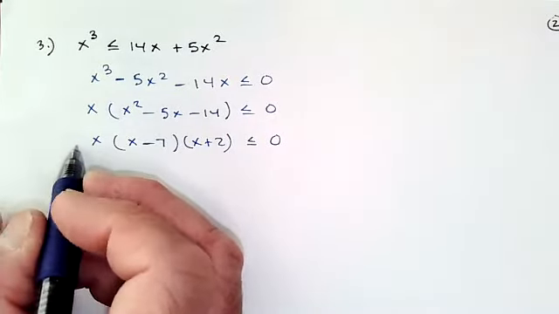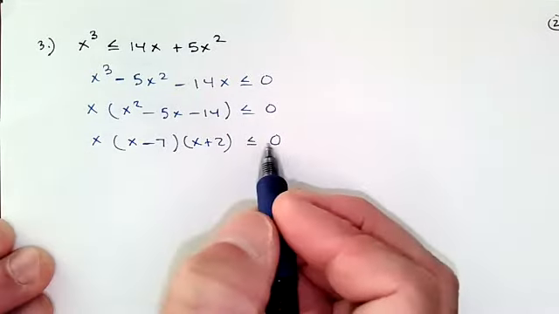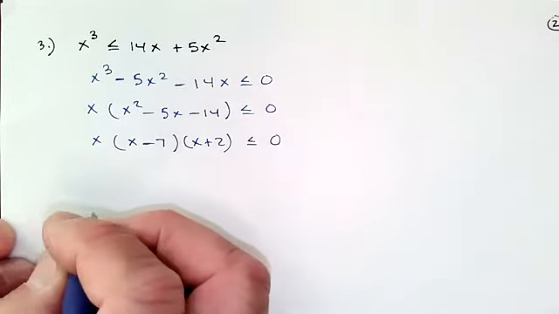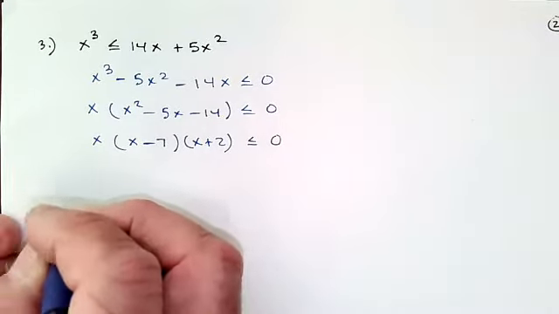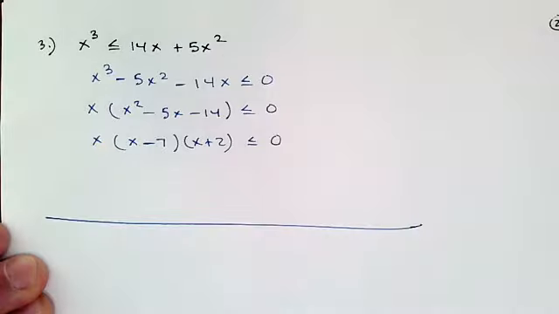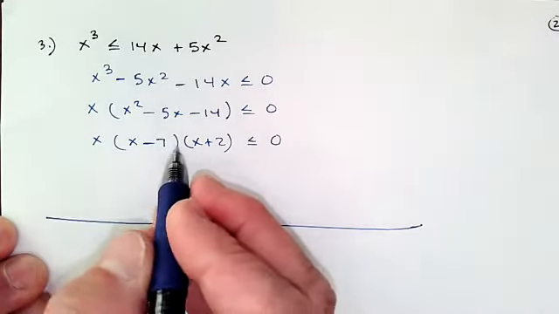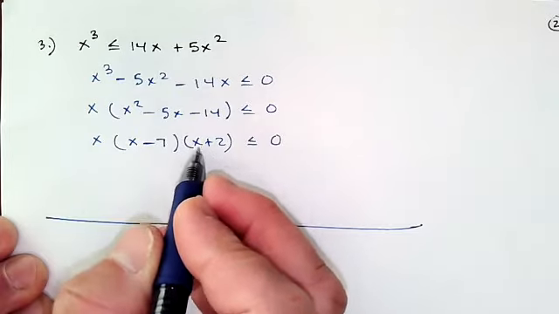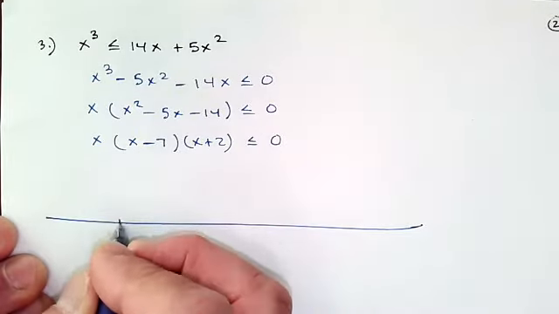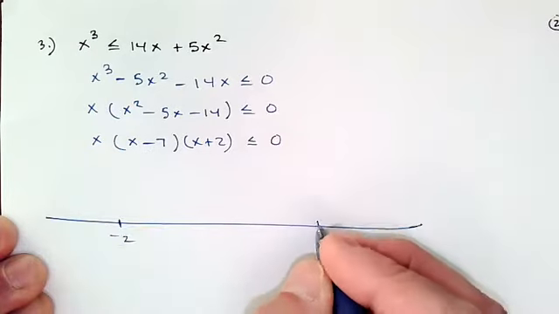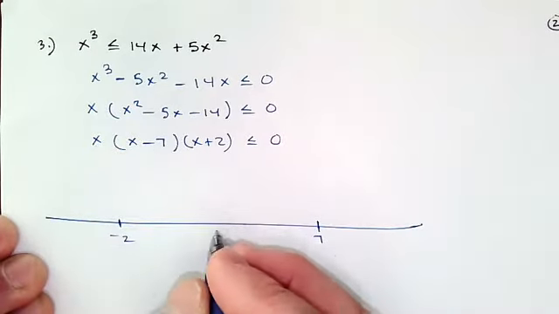And now, when you have all these factors multiplied together and it's an inequality, you want to use the number line. Think of the straight line there, right? So now we're going to want -2 on our number line because that makes that factor equal to 0. 7. And what makes x equal to 0? Just 0.